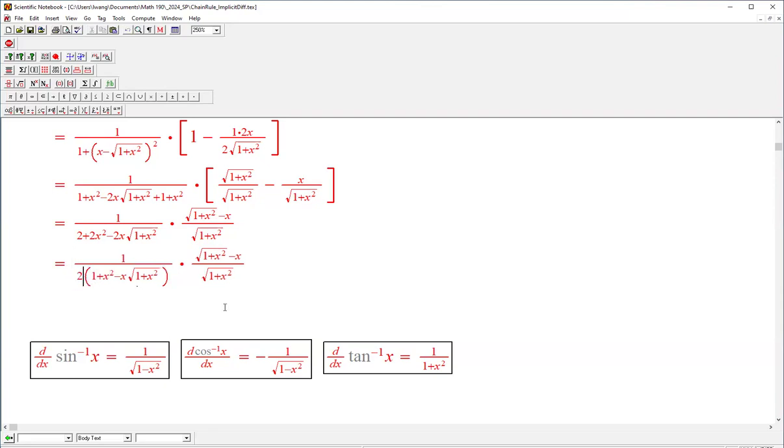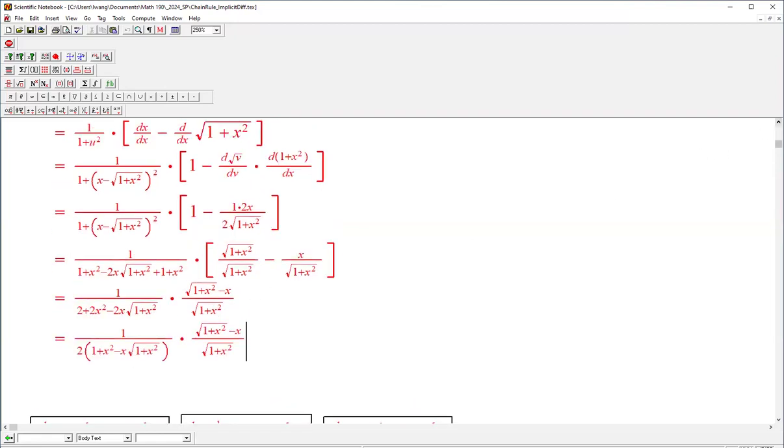Is there any room to reduce it? I don't think so; these are not common factors. So that's it, we're finished. Do we need to rationalize it? I think for now this is sufficient.